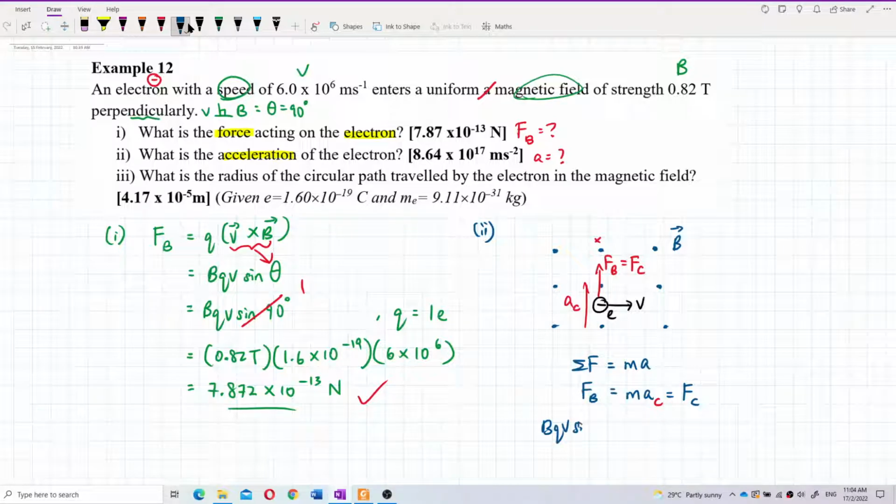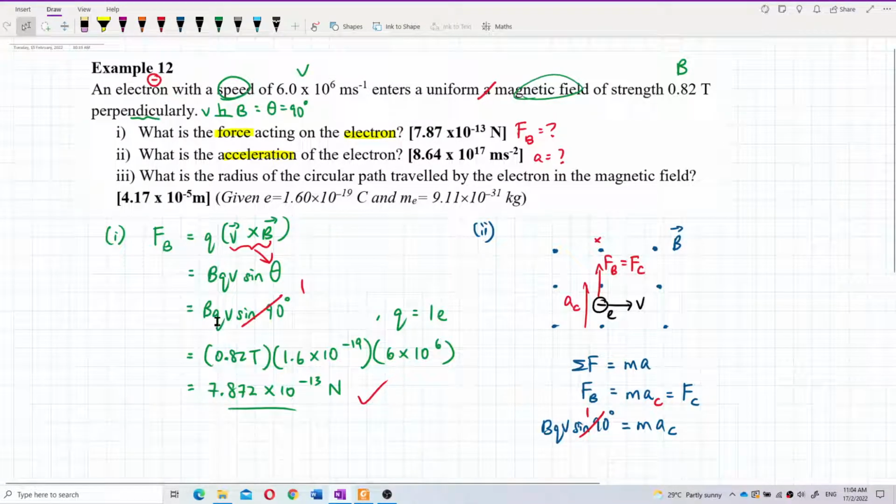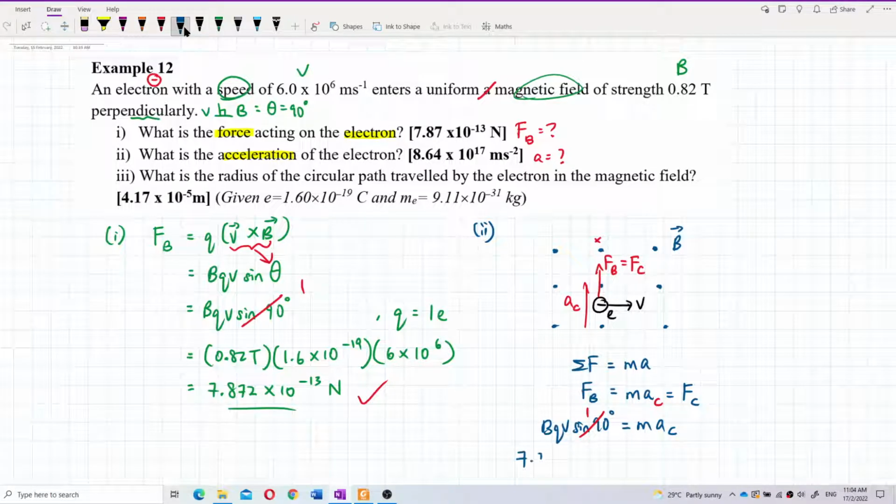BQV sine 90 equals MAC. Sine 90 is 1. BQV already has the value, 7.872 exponent negative 13. Put it over here.